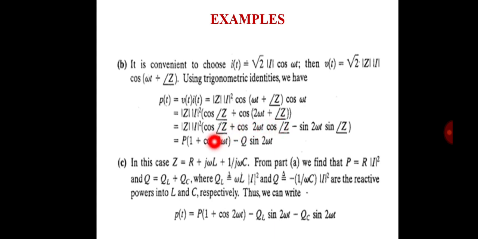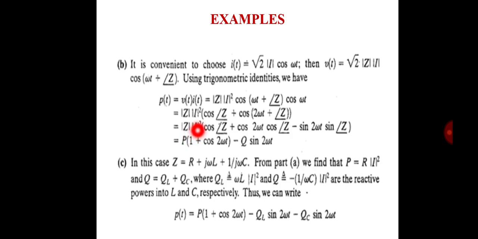Okay. Now Z I square cos angle Z plus cos A plus B. Cos A plus B means cos A cos B minus sin A sin B. So here the equation becomes cos of 2 omega t plus angle Z is equal to cos 2 omega t cos angle Z minus sin 2 omega t sin angle Z. So here Z I square is equal to P, and cos of angle Z is common.